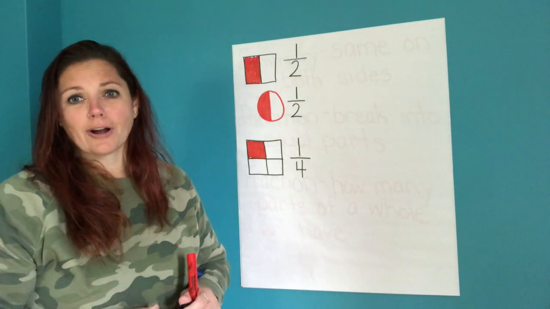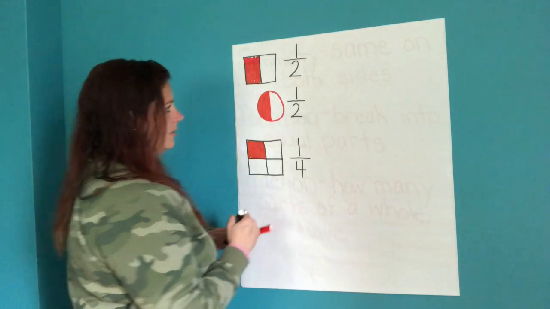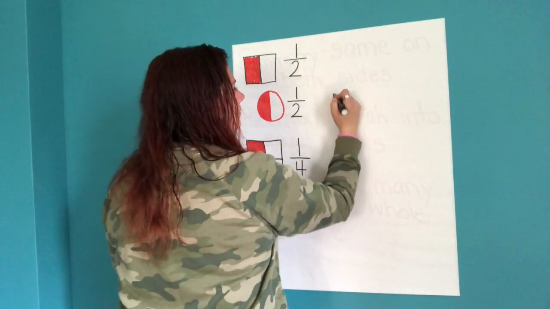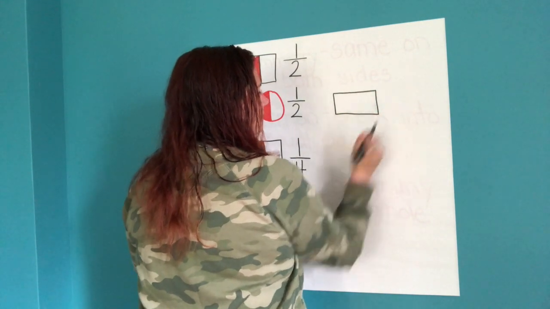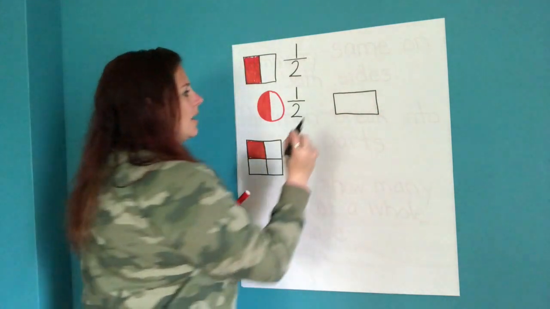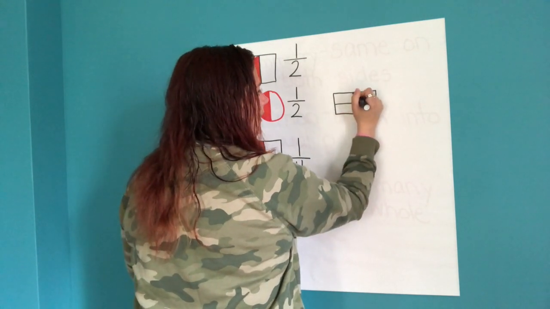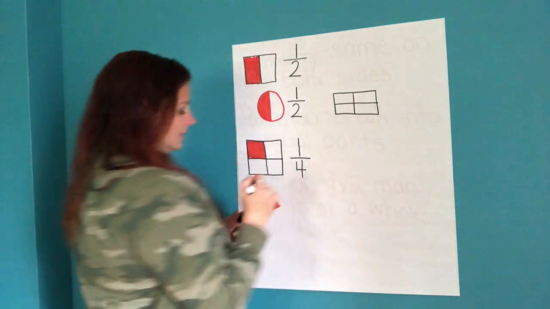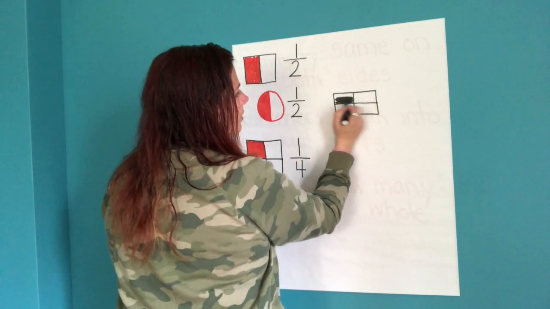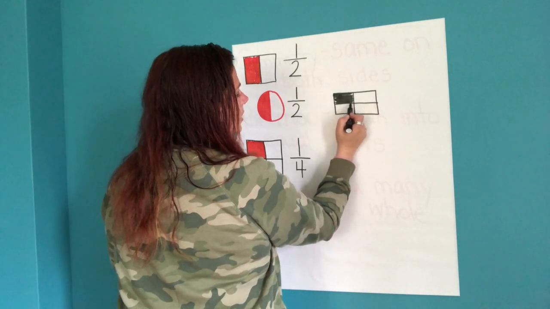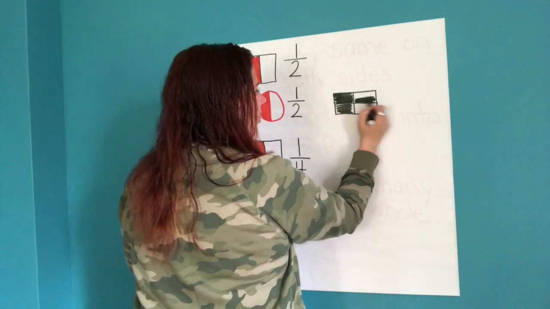Now I'm going to draw a rectangle. Okay. Now I'm going to cut it into 4 equal parts. And I'm going to color 1, 2, 3 black.